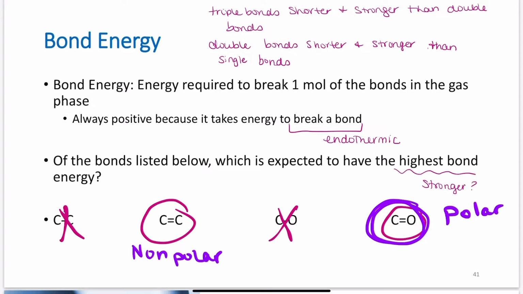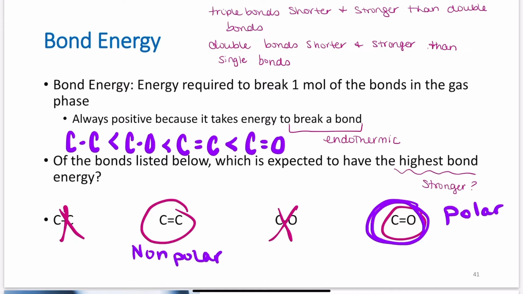It just makes it stronger, because it's harder to break that polarity apart. If I was going to rank these in order from least to greatest, my carbon-carbon single bond would be the weakest, followed by carbon-oxygen single bond, followed by my carbon-carbon double bond, and my carbon-oxygen double bond.